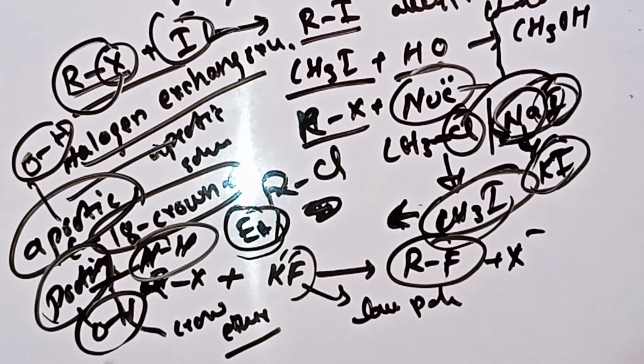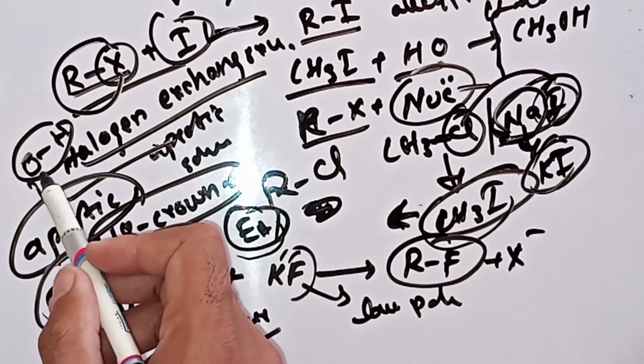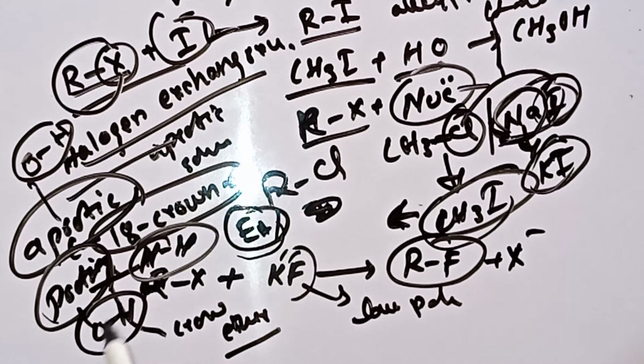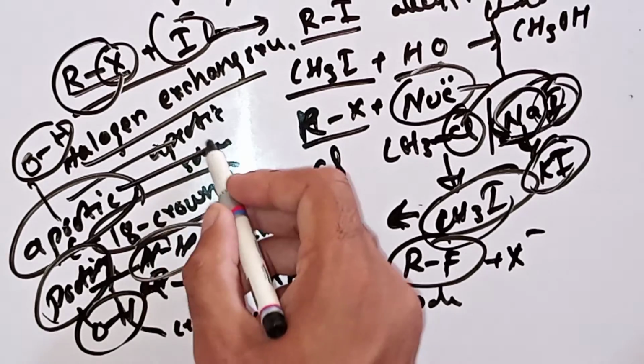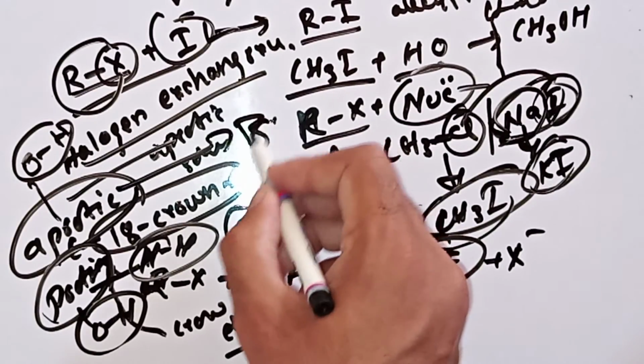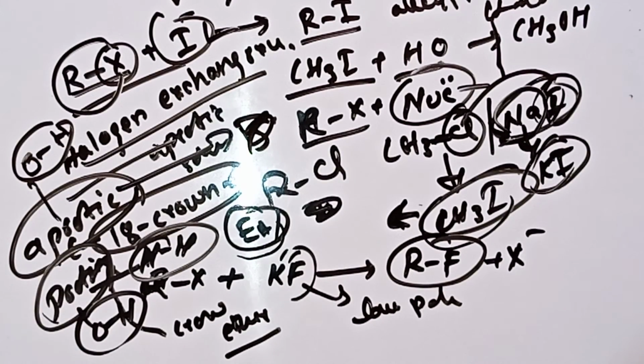All those polar compounds that do not have OH or NH groups cannot form hydrogen bonds with any nucleophile. That's why, in an aprotic solvent, the nucleophile acts as a very strong nucleophile.